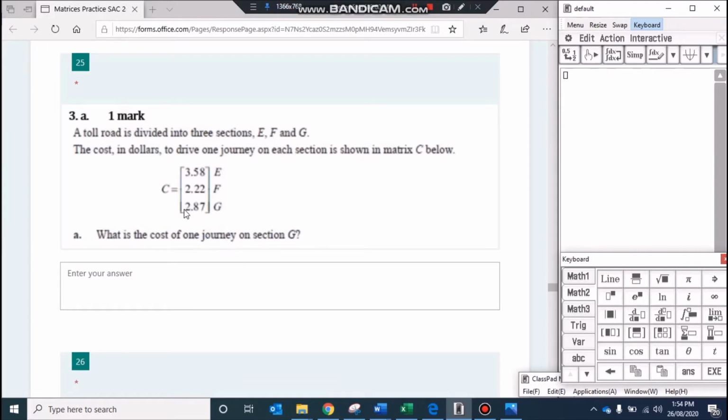So we've got the cost of one journey for E would be this element in row 1, as would F in row 2 and G in row 3. So we can clearly see that the cost for a one journey trip on section G is $2.87.